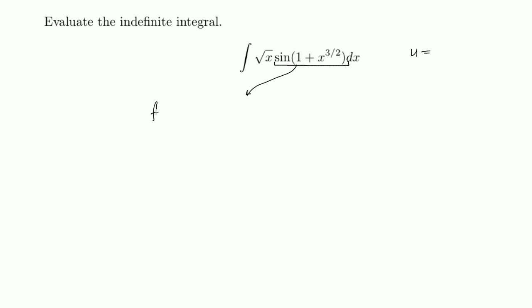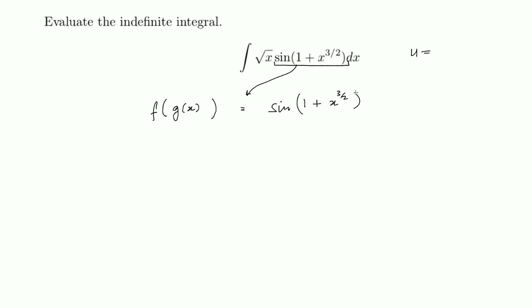Now we're looking for f, the big function, the outside function, which in this case is clearly sine of something. What is that something? That g of x, which is going to become our u. That g of x is 1 plus x to the power 3 over 2.